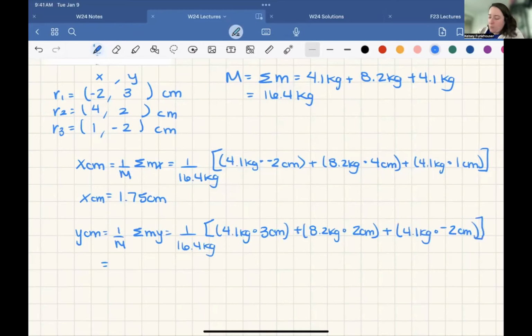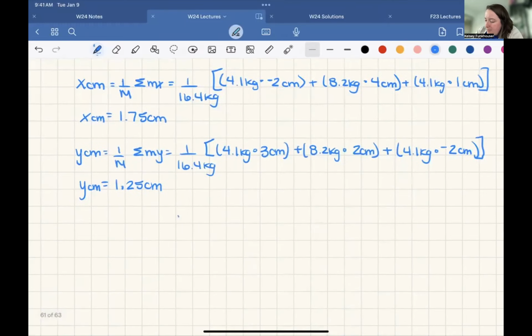And this is 1.25 centimeters for the y component. Okay, so then we have our position of the center of mass as 1.75 centimeters and 1.25 centimeters. Cool, so we answered the first part of the question. Now, though, we want to know the acceleration.